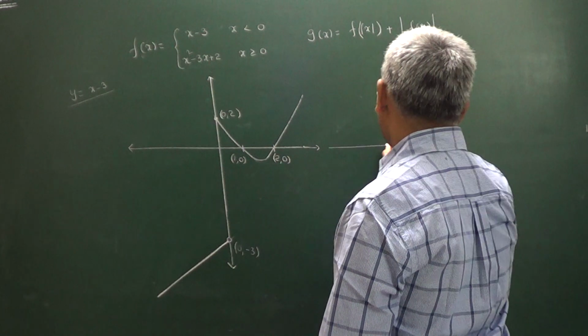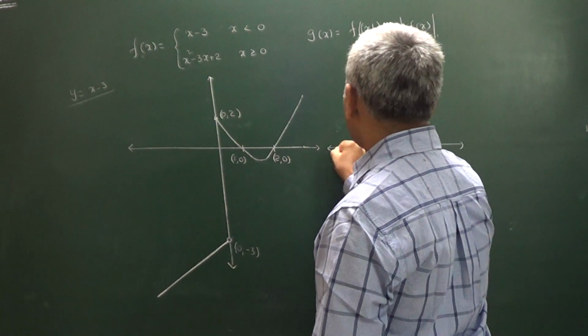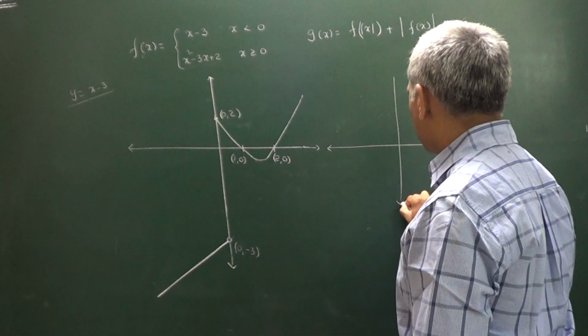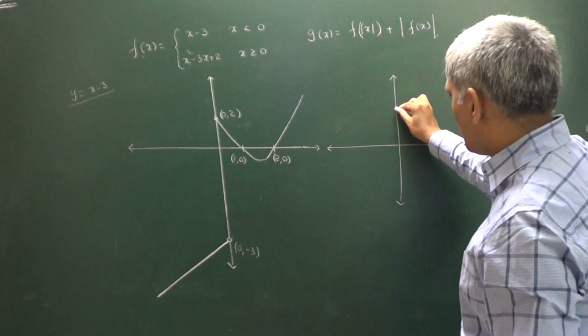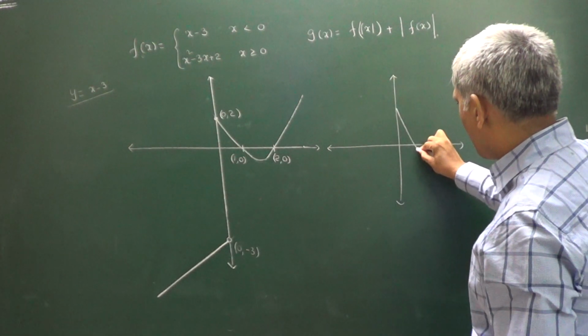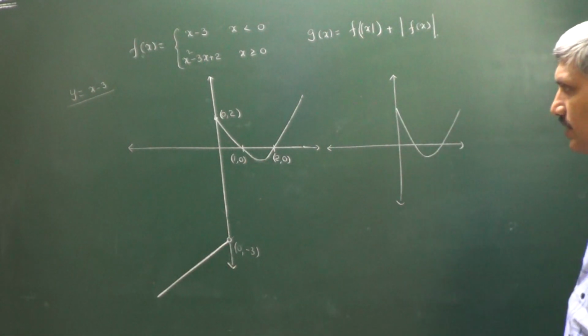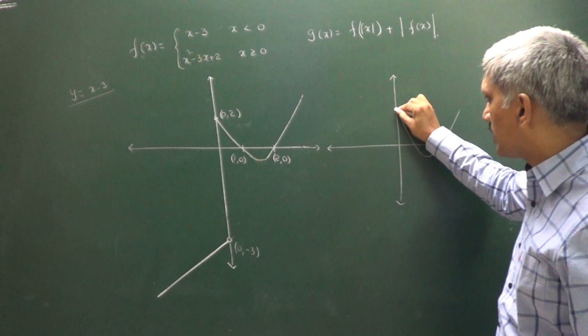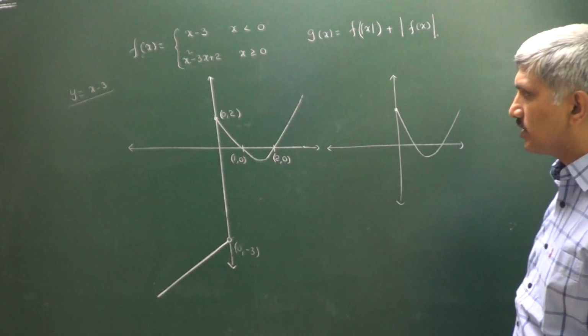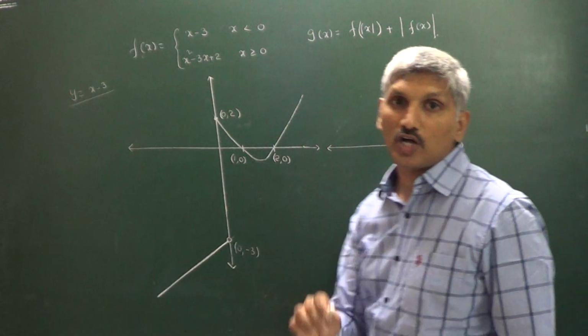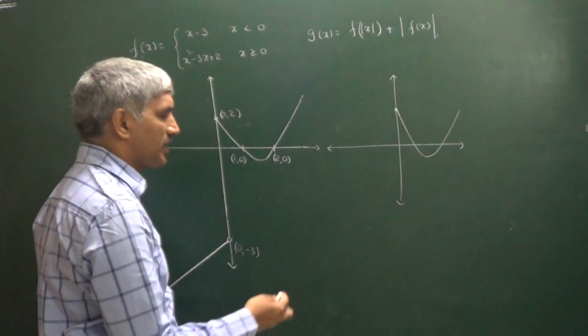So this is the graph which we are drawing for f of mod x. The graph which is already there between x values greater than or equal to 0, the same graph we have to draw that side also. It is just like a mirror image.